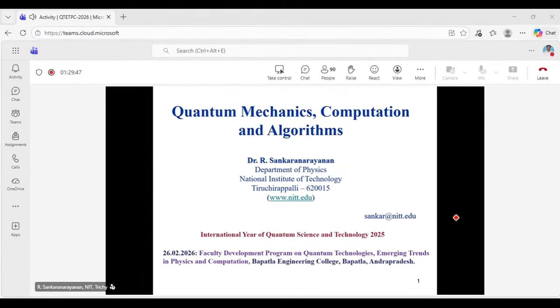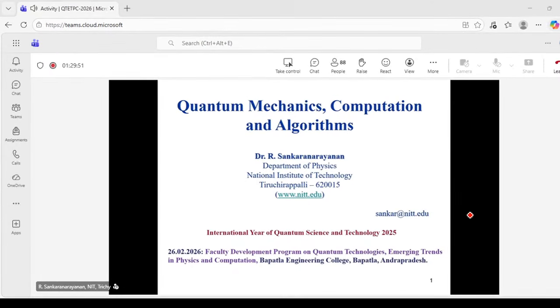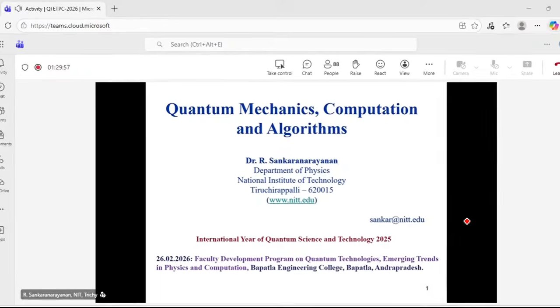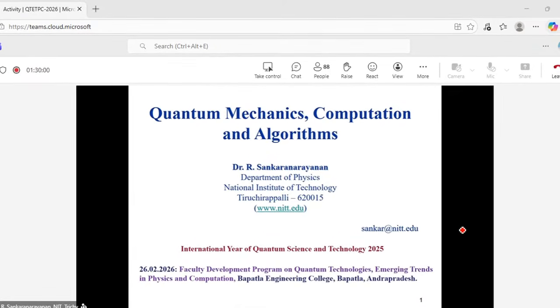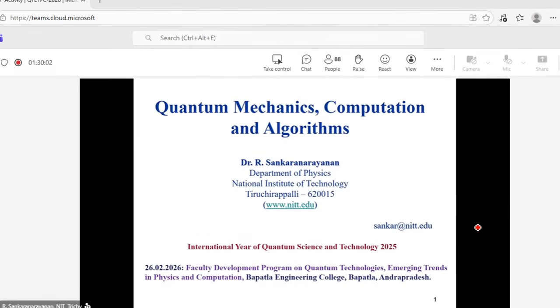So it has been 100 years, and still we are celebrating quantum mechanics, and trying to look at new possibilities for the benefit of humankind from the principles which govern the motion and dynamics of atoms.